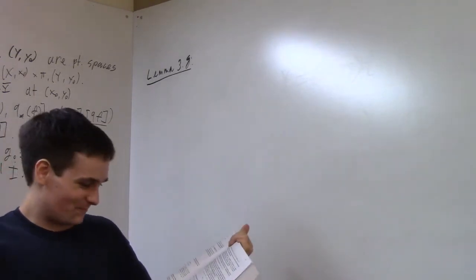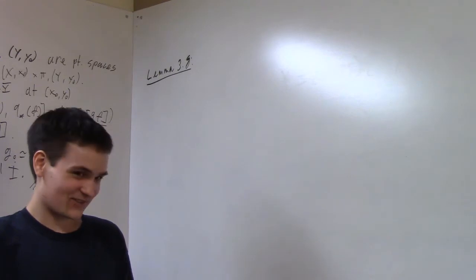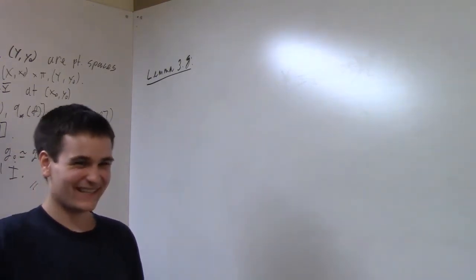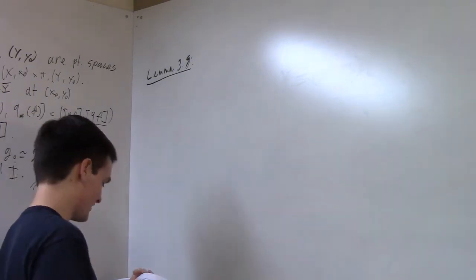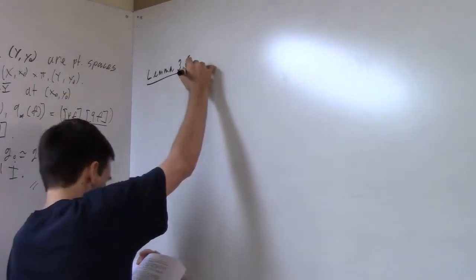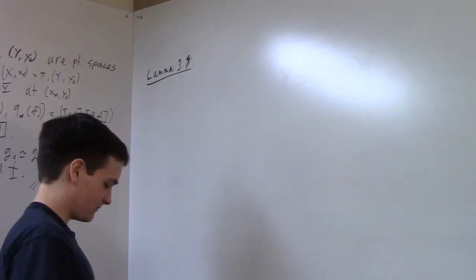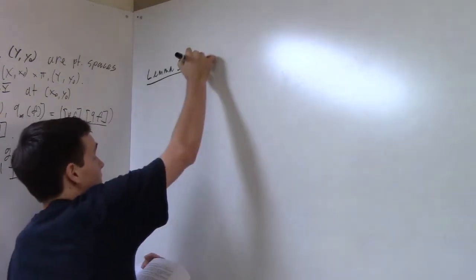But I'm actually relatively excited about this lemma because I actually sort of understand their picture argument here. So hopefully I can explain it to you guys. Also, it has commuting diagrams, so bonus points. This is also one of the few places where we actually go back to using free homotopies again, so I guess that's interesting.